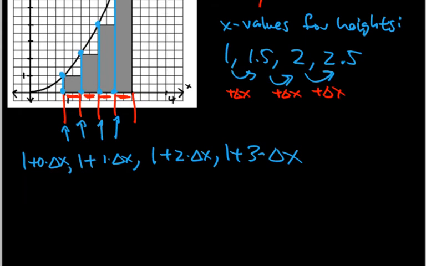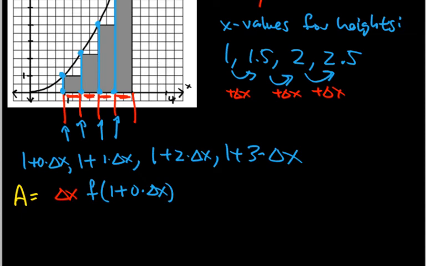So we see then that the area itself is going to be the summation of a few things. Area is going to be base times height, right? So what's the base? The base is the same the entire time. The base is always that delta x. And then the first height is going to be f of the first x coordinate, so f of 1 plus 0 delta x.